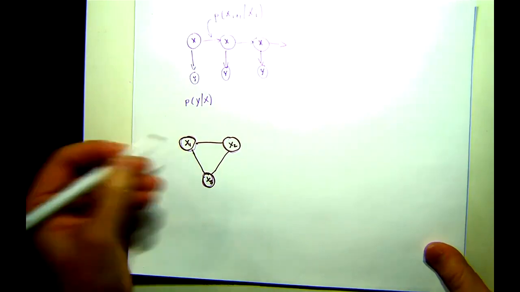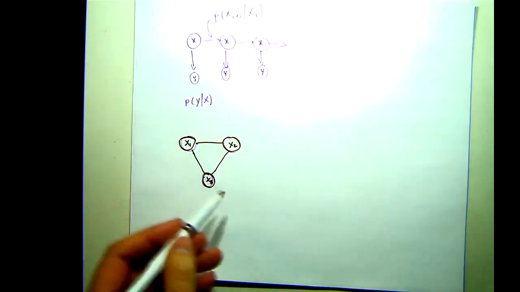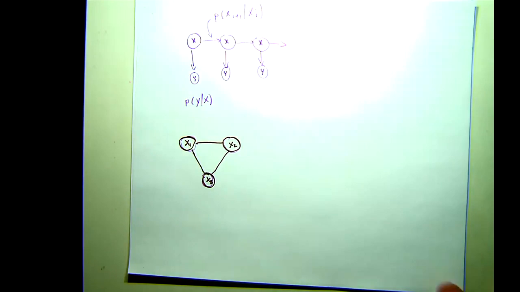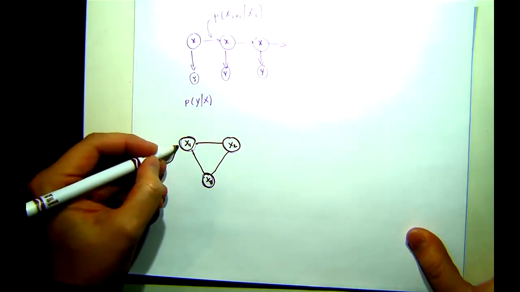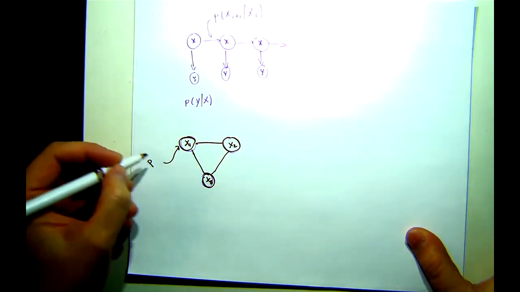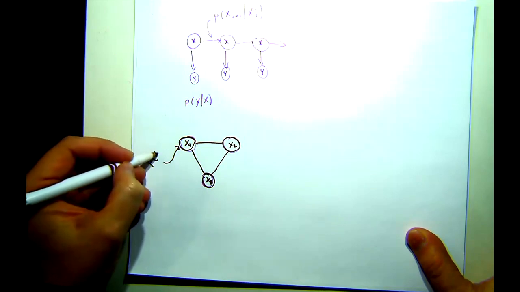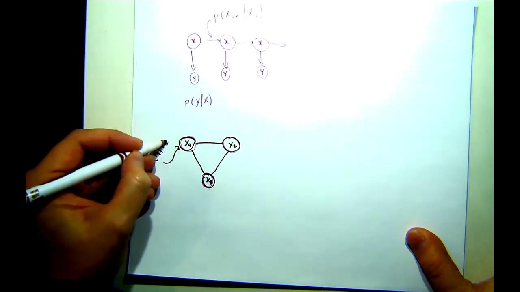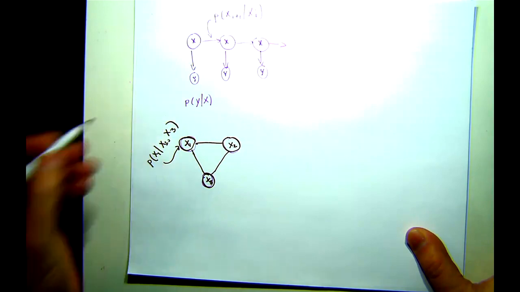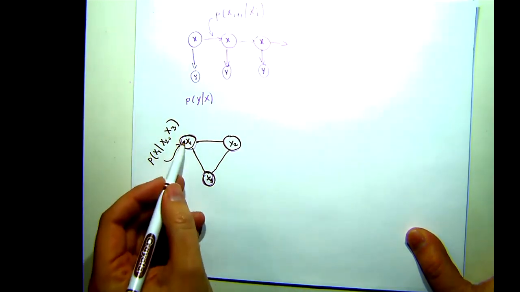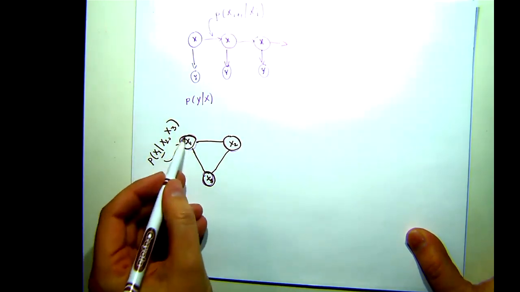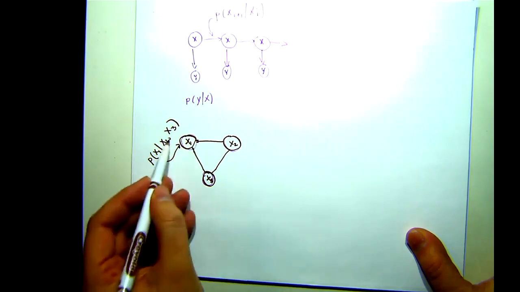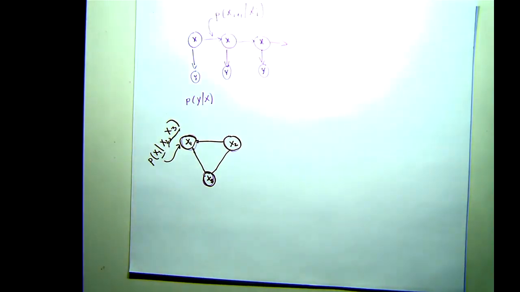The way I drew it here, I didn't put any arrows on. So maybe this value is the probability of x1 given x2 and x3. You see how the variable is generally the node, and then the things that it links to are generally what's in the set of givens. So that's another graphical model. We can draw these all sorts of different ways.